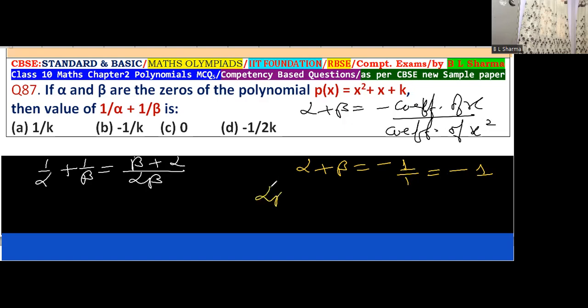Also, product of zeros is given by c upon a, means the constant term. Here constant term is k and a is 1, so that is given by k. So 1 upon alpha plus 1 upon beta will be minus 1 upon k. And this is the answer of this question.